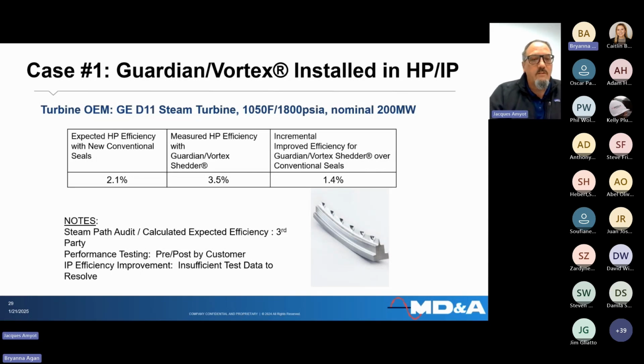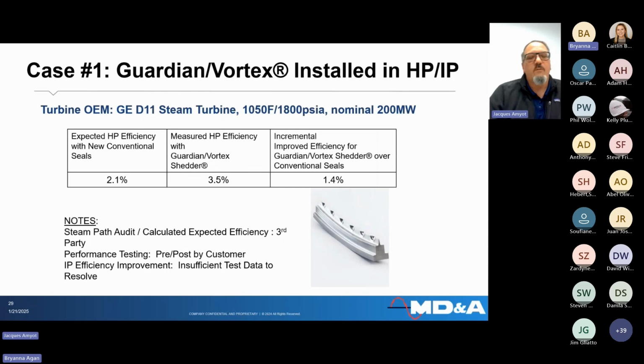Afterwards, the customer measured the efficiency of their HP section after Guardian Vortex Seals were installed. The initial estimate for OEM seals installed performance improvement was 2.1%.